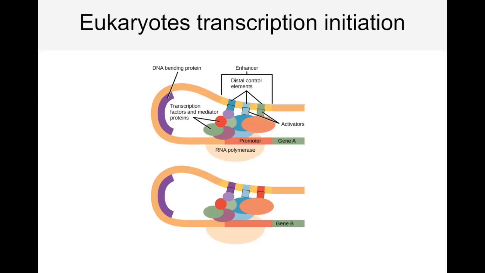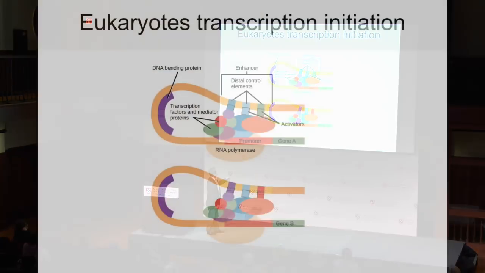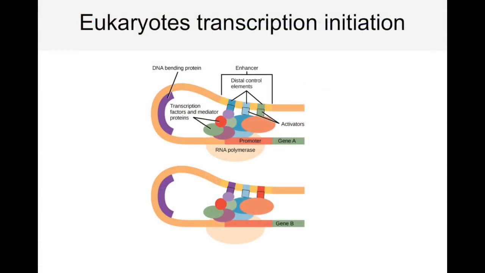So it looks like this in the cell. Imagine this is a chromosome, so that's DNA. You've got a gene here. Next to that gene, you've got a regulatory sequence called a promoter. At that site, you've got an enzyme called the RNA polymerase. It's just an enzyme that will produce the RNA from the DNA template.